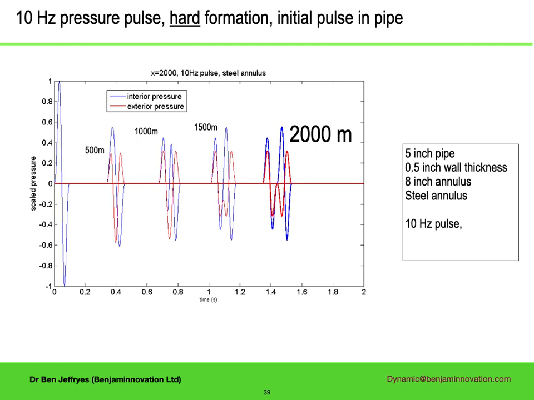The proportions in the pipe and annulus have reached their equilibrium levels after about 500 meters, so there is no further shift. Now you may think this has little relevance, but cased boreholes and drilling risers can be very stiff, and so over long distances there can be significant proportion of the acoustic signal from the MWD in the annulus. Not as people normally assume because it has come through the bit, but through the compliance of the pipe.